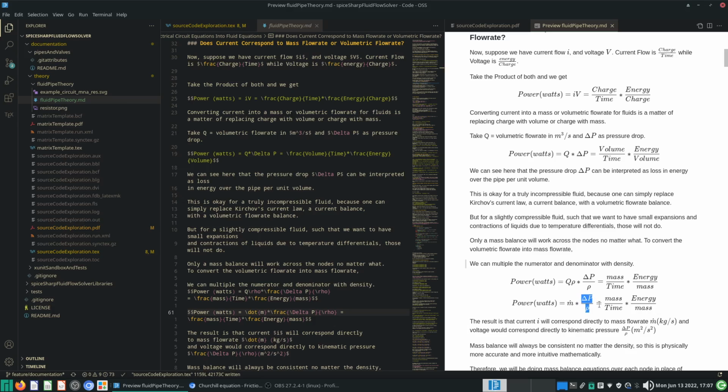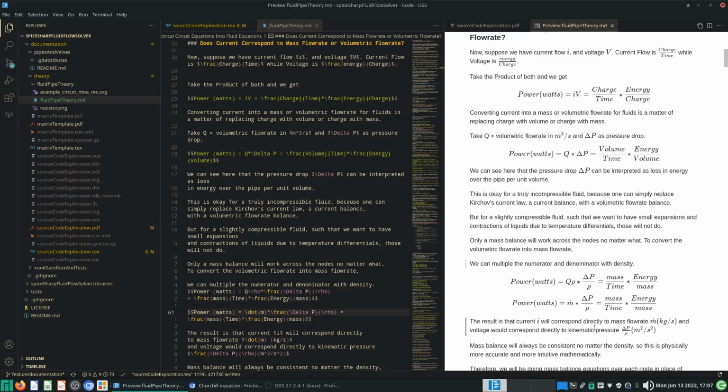So I'm using a kinematic pressure rather than a dynamic pressure drop. Why is that the case? Because Kirchhoff's current law talks about the conservation of charge, no matter how the density changes. Now let's say there are parts of the flow circuit where the fluid density changes even a little bit.